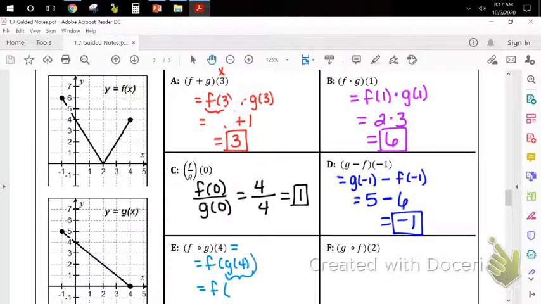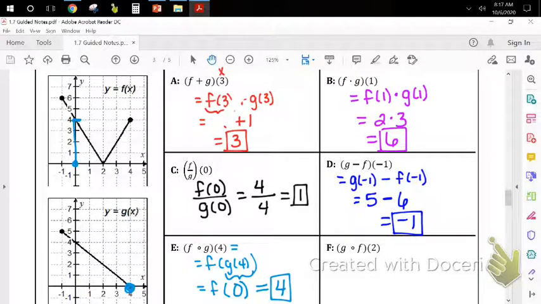So on our g function, the bottom graph, go find where x is 4 and tell me what its y value is. Well, it's right there, so it's 0. So now we'll see that we're looking for f of 0. So I'm going to go to my f function, and where x is 0, I'm going to go up and find my graph right there, and its y value is 4. So we find that f composed of g of 4 is equal to 4.